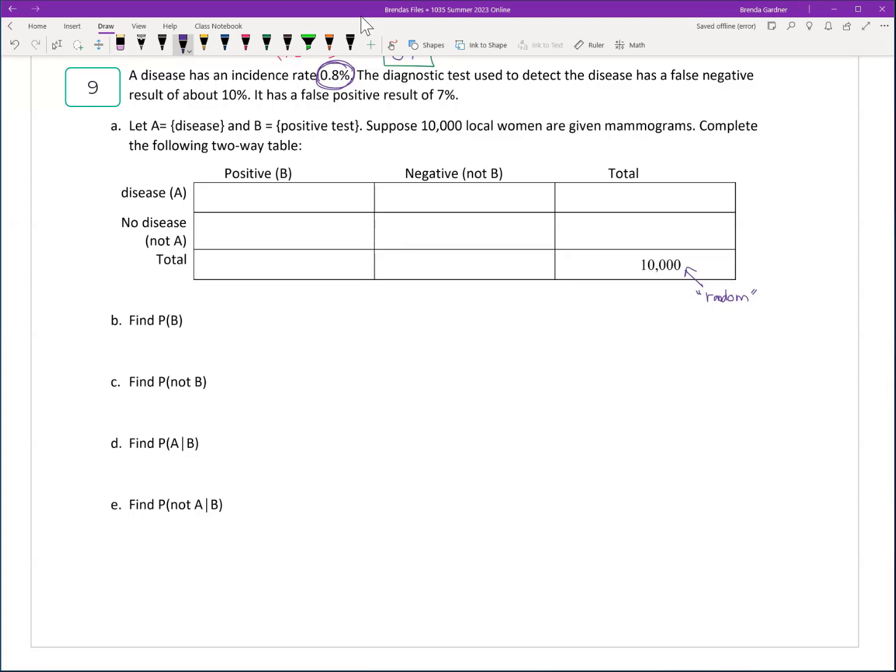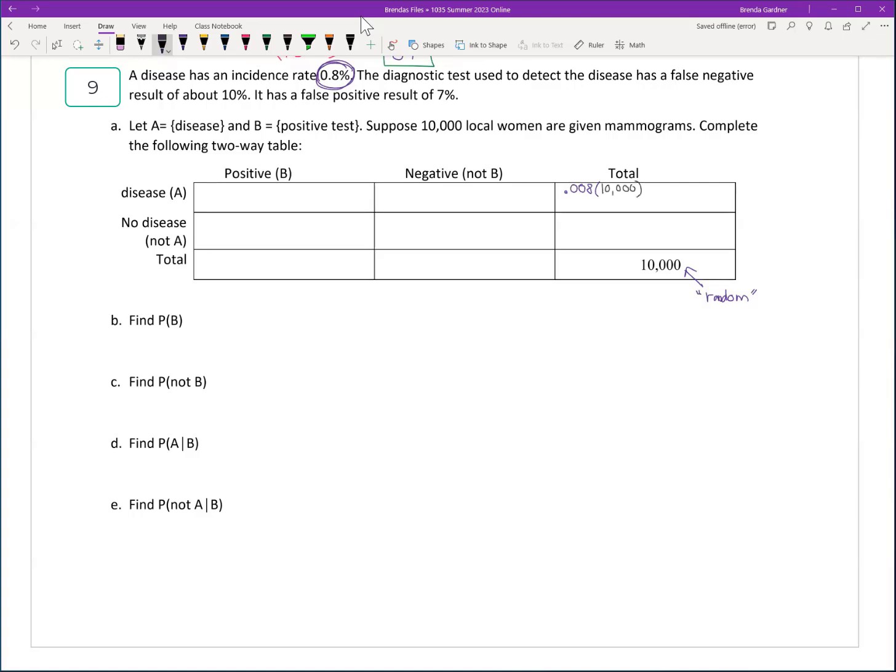Once I've chosen what that random total is going to be, if the incidence rate is 0.8%, that means 0.8% of the population randomly has this disease. To calculate a number for that, I'm going to take 0.8%, which is 0.008 when I write it as a decimal instead of a percent, and multiply it by the total, that random number in the bottom right-hand corner.